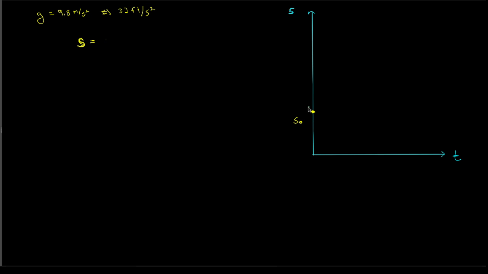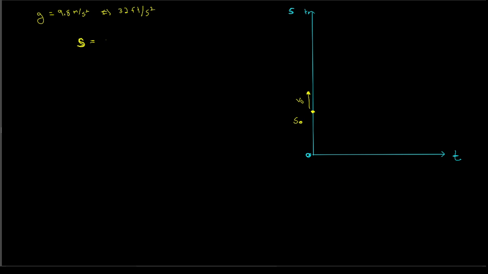And I'll launch it upwards with some launch velocity, v sub naught. The positive direction of s is there, and the ground will be a height of 0.